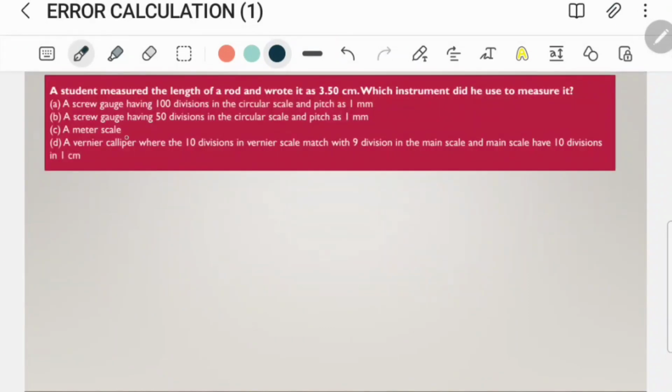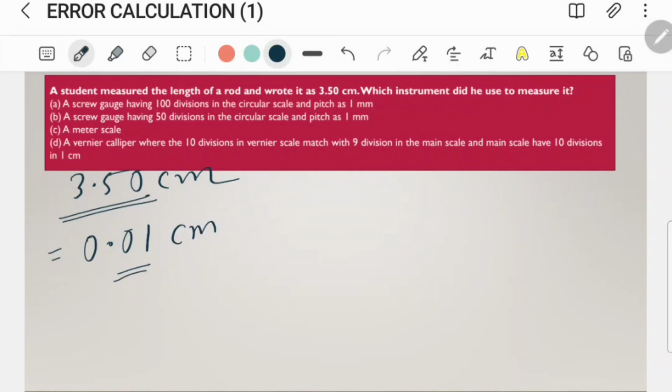A student measures the length of a rod as 3.50 centimeter. That means he measures it up to the accuracy of 2 decimal places. After the point, 2 decimal places, 0.01 centimeter is the precision of his measurement. So our instrument should have that kind of preciseness.